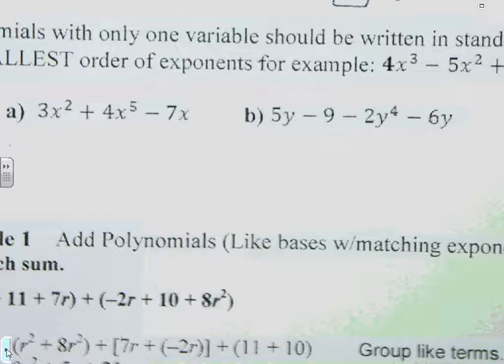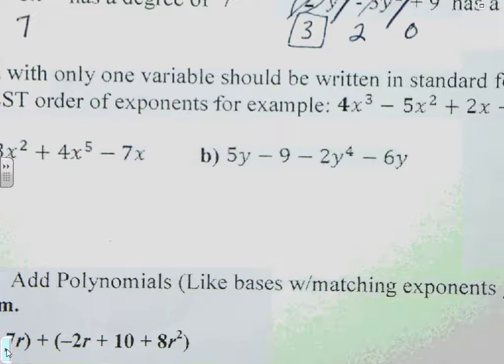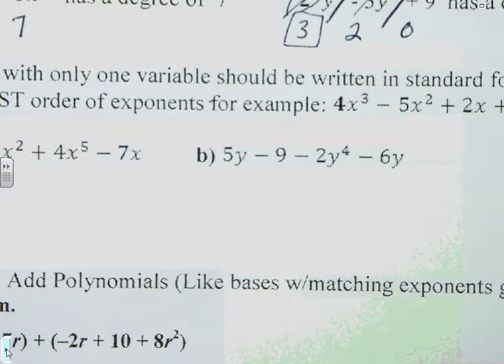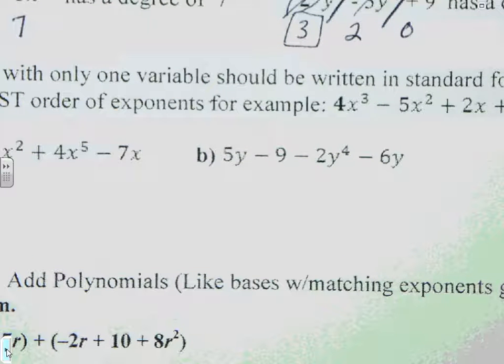Now, the polynomials that have only one variable in them need to be written in standard form, and we're going to be using standard form a lot. What that really means in basics is you're going to put them in order based on their exponents. The biggest exponent down to the smallest exponent, and your constant number will be the final number. So the number that has no variables attached to it will always come at the end.